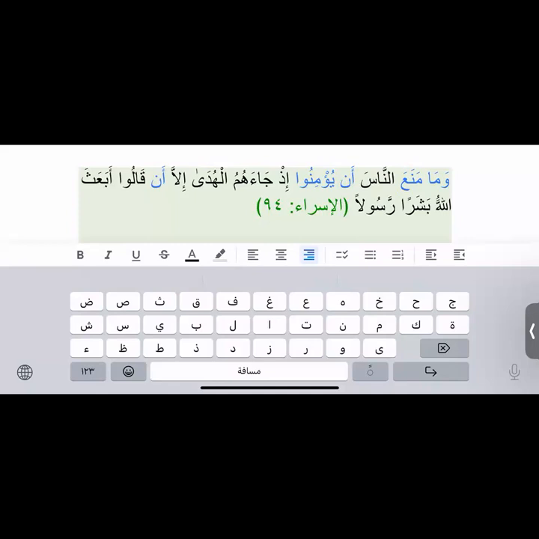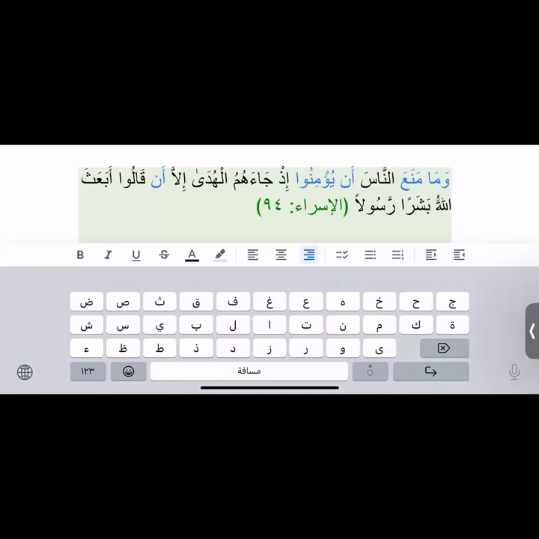It's madin. And nasa, can it be the doer? Can it be the doer, my dear sisters? Look carefully at the harakat, at the tashkil. It cannot be because it is carrying a fatha. It's going to be maf'ul, right? Because it is nasb in status, so it's going to be only maf'ul.